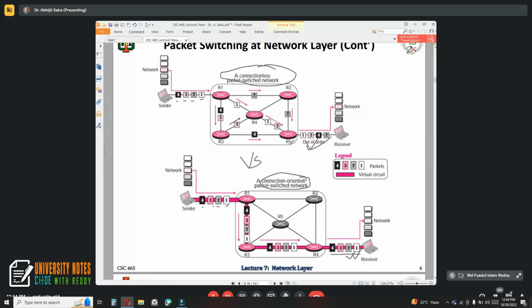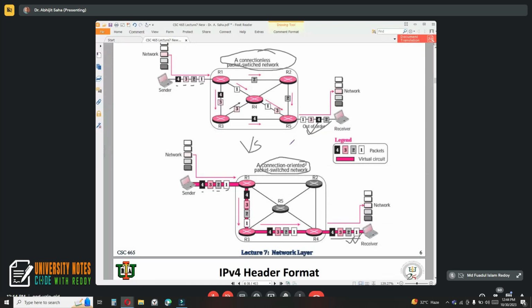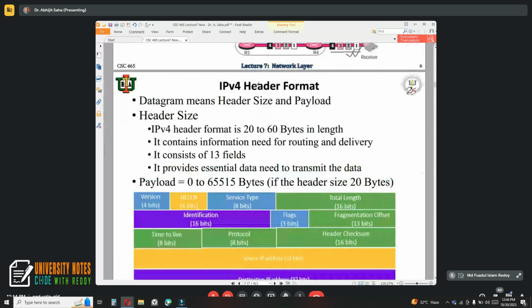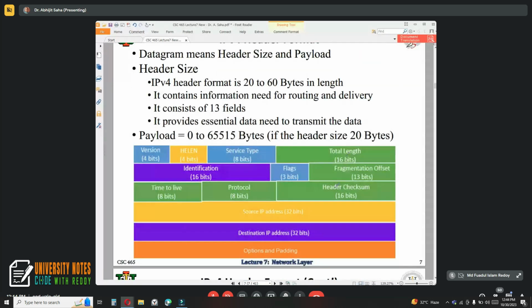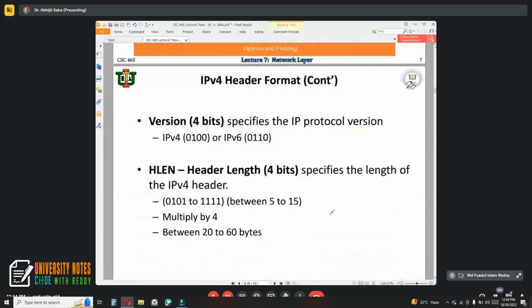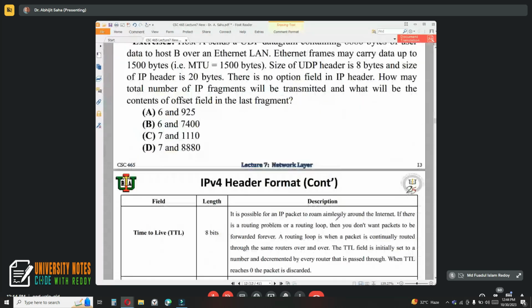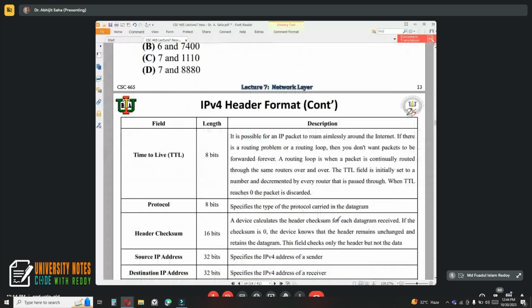Sir, our midterm syllabus will be up to today's class. No, I said up to the 31st. Up to tomorrow. Okay, tomorrow. Actually, this is the topic that we are going to do tomorrow, the IP header format. I think here we have about 10 more slides.